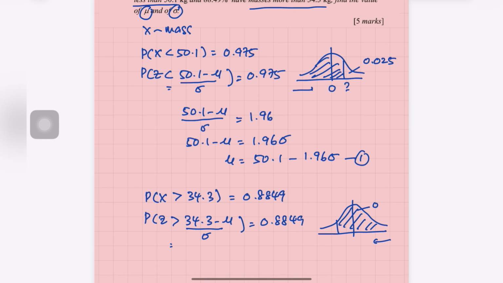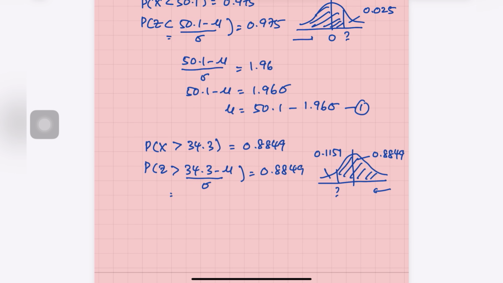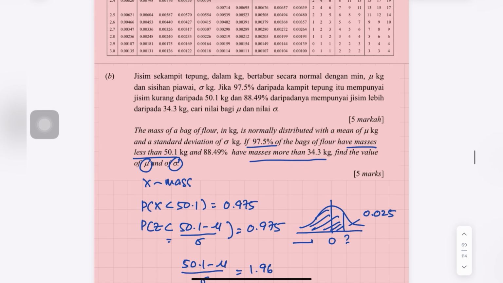So this one is 0.8849, so we need to find the opposite: 1 minus 0.8849 is 0.1151. We look up from the table. Its value is negative, so 34.3 minus mu over standard deviation. I wrote it ahead of time, I forgot. We are looking for 0.1151.